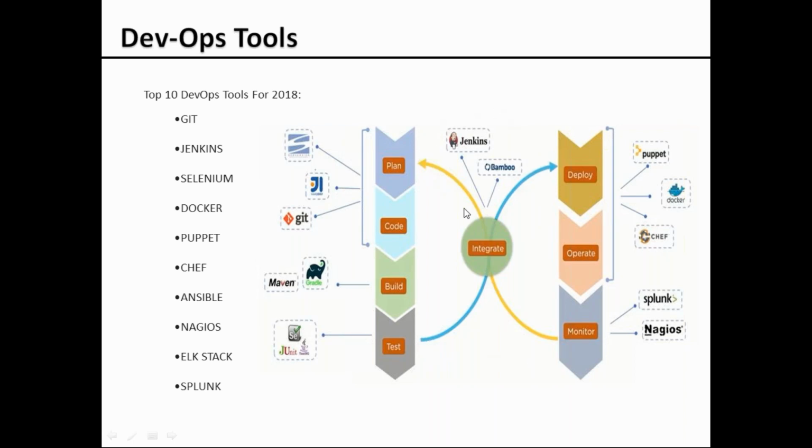There are some tools which allow the other team to collaborate or communicate. Once the testing is complete, the testing team has to communicate to the operations team, saying this is complete and this is what you have to do in the next phase: please deploy or release this software which has been tested and is working fine.